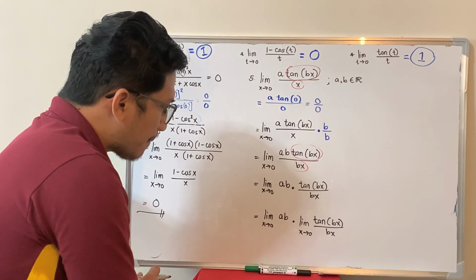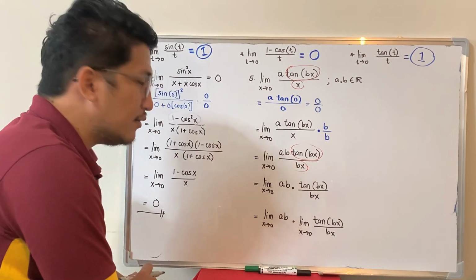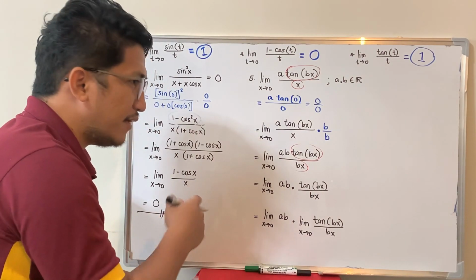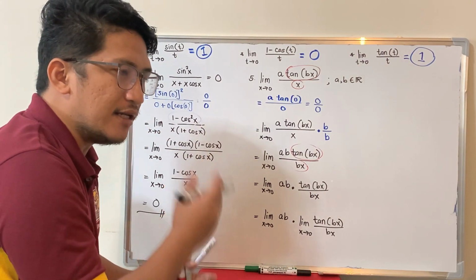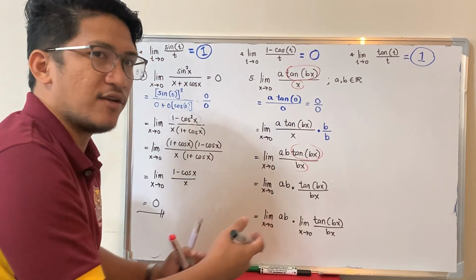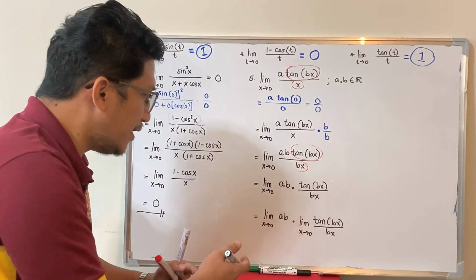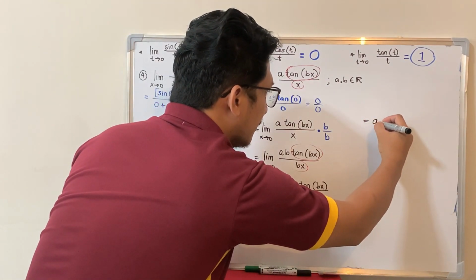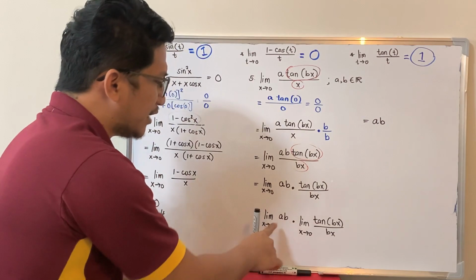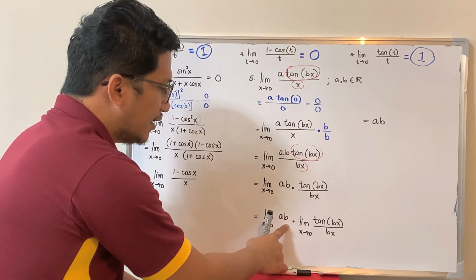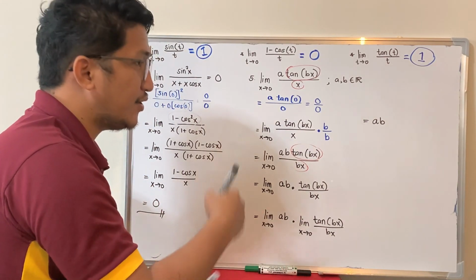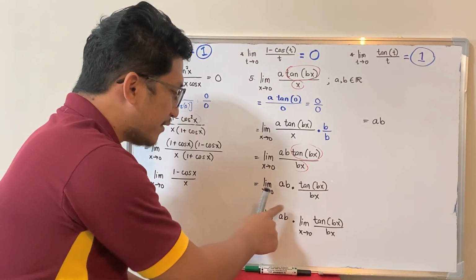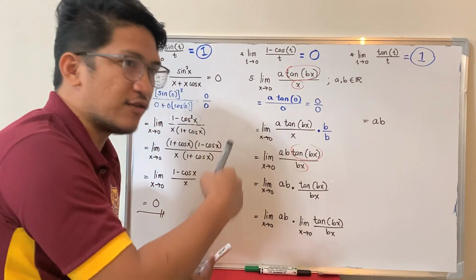By the constant rule in evaluating limits, when you find the limit of a constant, the result is the constant itself. So the result here is just equal to ab. Even if a and b are 5 and 3, 5 times 3 is 15, so you are just getting the limit of 15 as x approaches 0, and the result is 15.